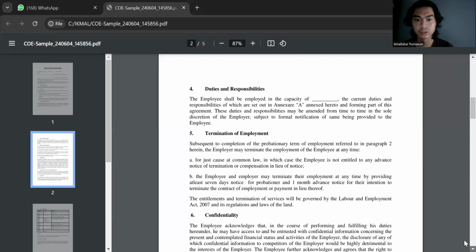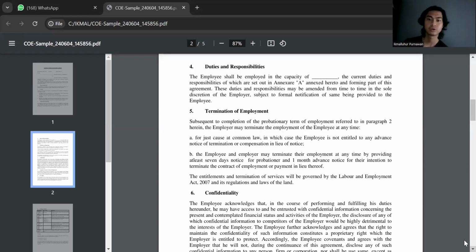Number five, termination of employment. Subsequent to completion of the probationary term, which is stated back in number 2, I think, probationary of 6 months, referred to in paragraph 2 herein, the employer may terminate the employment of the employee at any time. For just cause at common law, in which case the employee is not entitled to any advance notice of termination or compensation in lieu of notice.